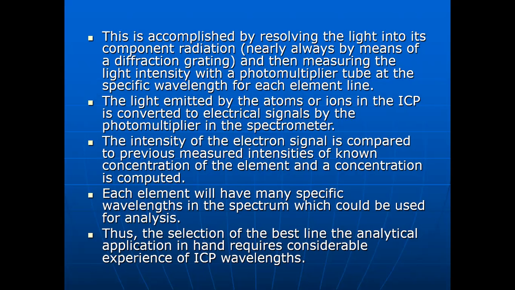The light emitted by the atoms or ions in the plasma is converted into electrical signals by the photomultiplier in the spectrometer. The intensity of the signal is compared to the previously measured intensities of known concentrations of the element, and the concentration is computed. Simple. This concept is nothing but our so-called calibration curve, that graph. We are just comparing our unknown sample with known concentrations.